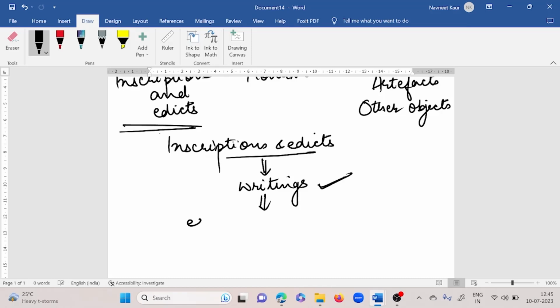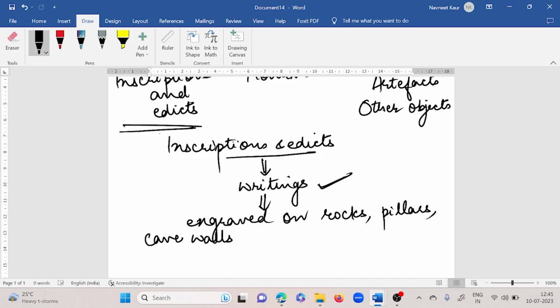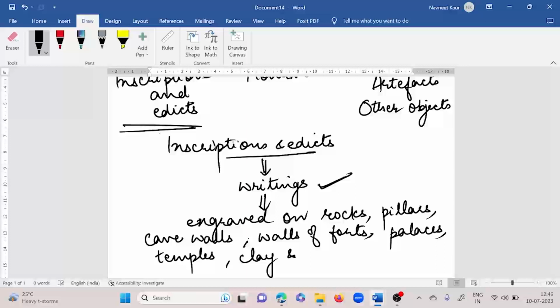They have been engraved on rocks, pillars, cave walls, walls of forts, palaces, temples, then clay and copper tablets.